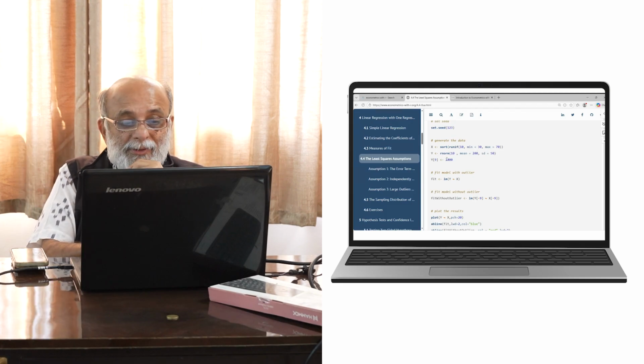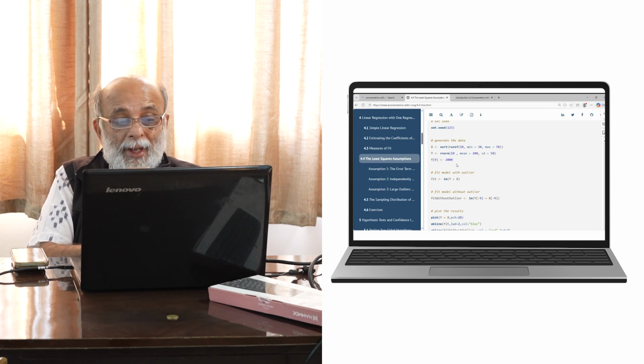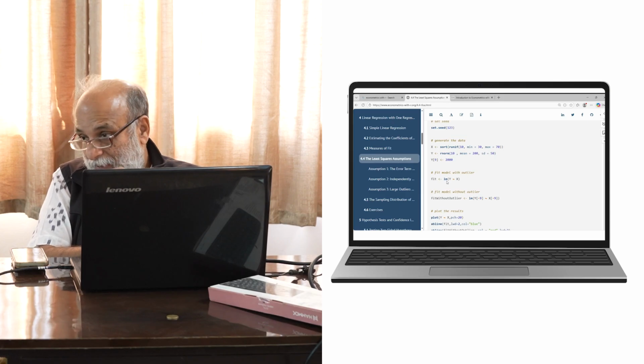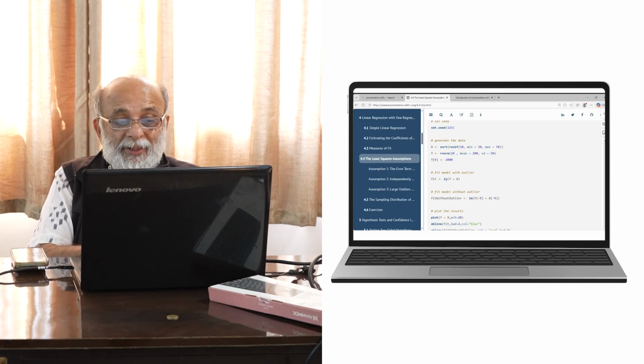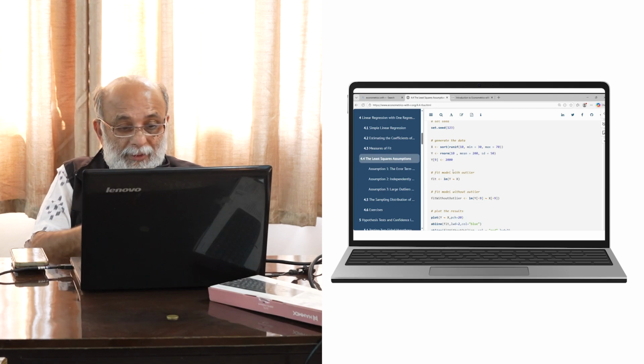So x is basically random numbers, uniform distribution from 30 to 70. y is random numbers with mean 200 and standard deviation 50. And the 9th value of y we are artificially setting to 2000. And then fit y on x.